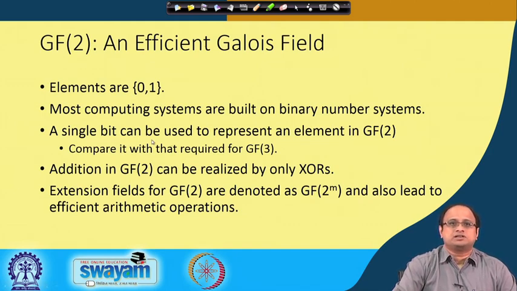A single bit can be used to represent an element in GF2. If you compare it with GF3, you will have elements 0, 1 and 2, but to realize these 3 elements you need 2 bits. So, you are having provision for 4 elements, but you are only using 3.